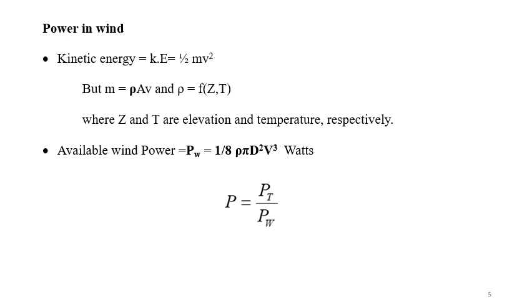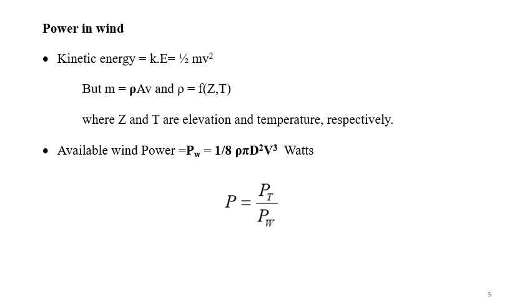This equation tells us the maximum wind power available; the actual will be somewhat less because not all of the available energy is possible to extract.